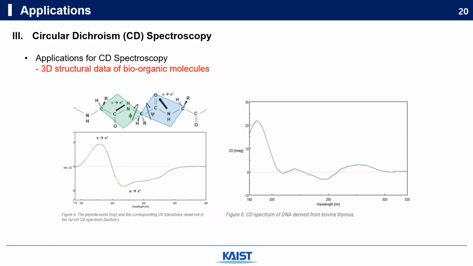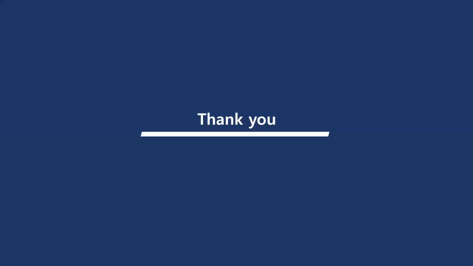Moreover, by using CD spectroscopy, 3D structural data with specific handedness can be obtained for bioorganic molecules. The left figure shows the CD spectrum obtained from typical left-handed polypeptide molecules, and the right figure shows a spectrum obtained from DNA molecules. Likewise, UV-vis can be enhanced and functionalized by substituting the incident light source. And this is the end of the presentation, and thank you for listening.